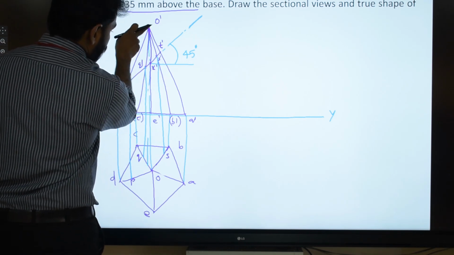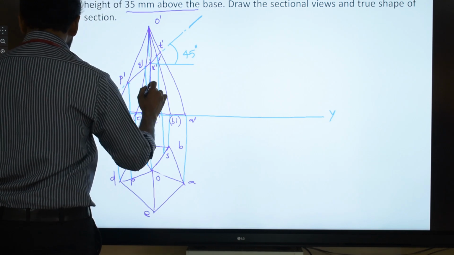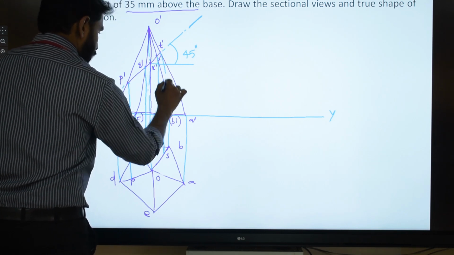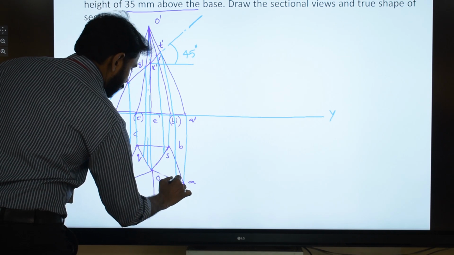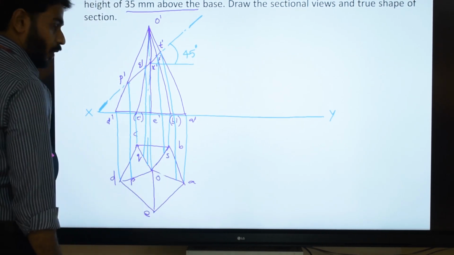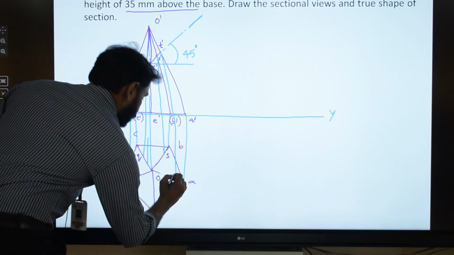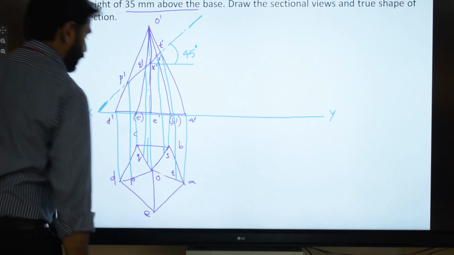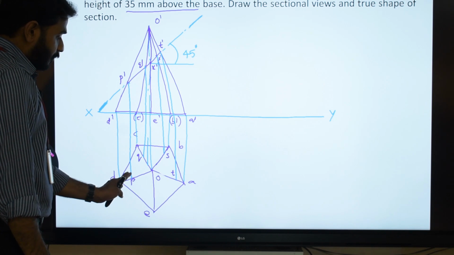Similarly, T dash is on O dash A dash, therefore T will be on OA and on a projector through T dash. So from T dash I have drawn a projector to OA to locate the top view T. So we have located the top views of 4 cut points.